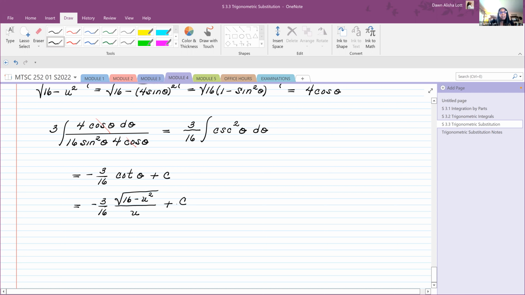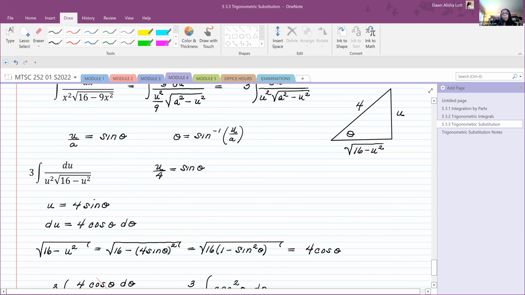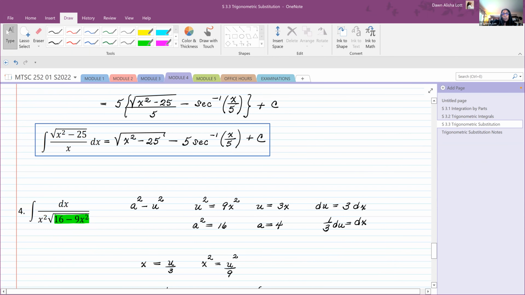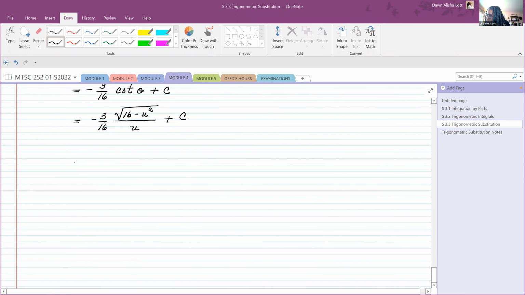But remember the bicycle, it has to go back the same way it came to me. And u was 3x. The square root of 16 minus 9x squared over 3x, over 16, plus a constant.